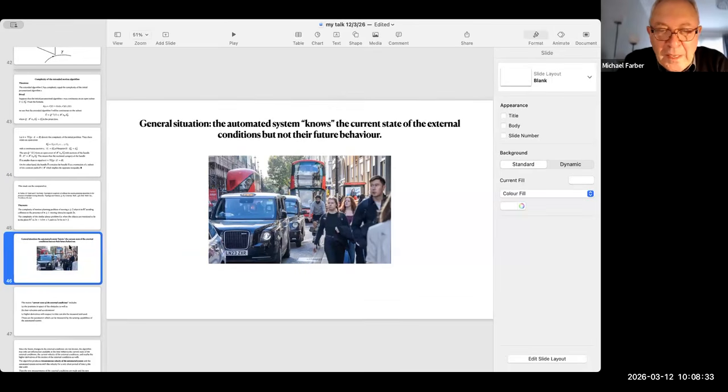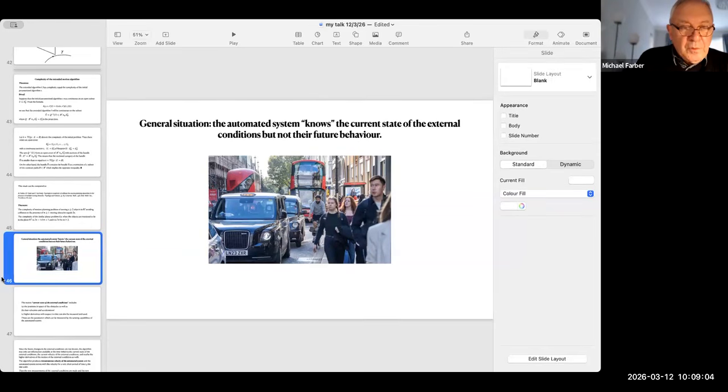Okay. So now is the main point, the main situation, case 3, the real case 3, when the automated system knows the current state of the external conditions. It knows also its own current state, but it does not know their future behavior. So we don't know how the others will move. We know where they are now.